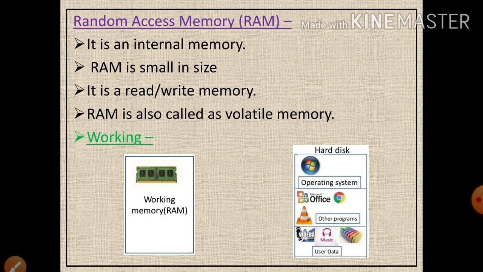Whatever we store inside the computer gets stored on the hard disk, so whenever we start the computer, all these programs need to be shifted into RAM to make it work. RAM stores these files as long as the computer is on.